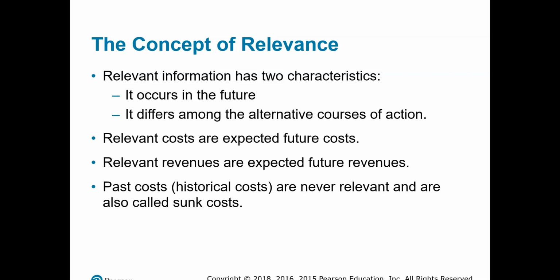On the other hand, if the information does differ between alternative courses of action, but it already occurred in the past, then it is not relevant because that cost has already been incurred. In fact, we would call that a sunk cost or historical cost, because no matter what we do now, we cannot change what happened before.